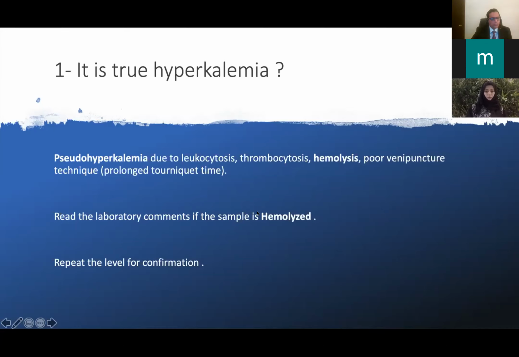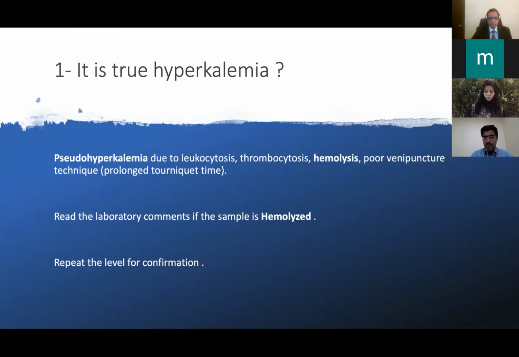Most labs nowadays, with all the electronic systems, will write a comment that this sample is hemolyzed, or to repeat the sample, or they will send you a message that this is a potentially false reading, before you jump in and treat your patient without looking at what is behind this result.